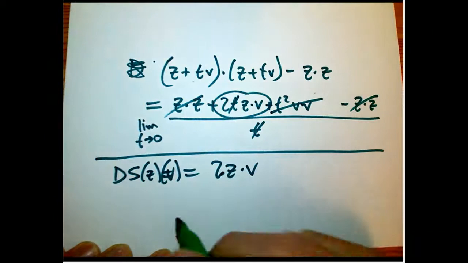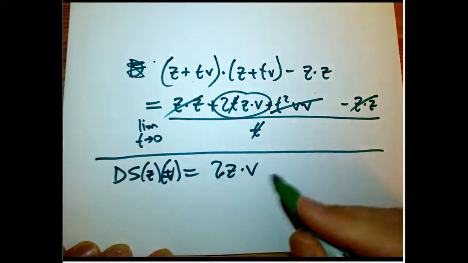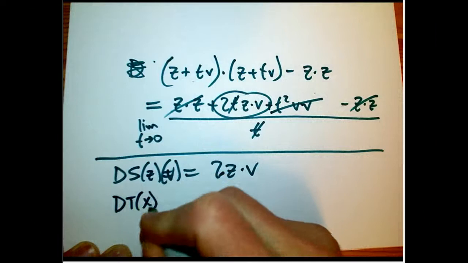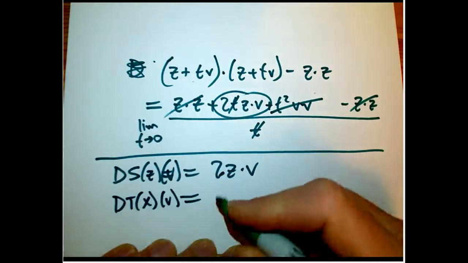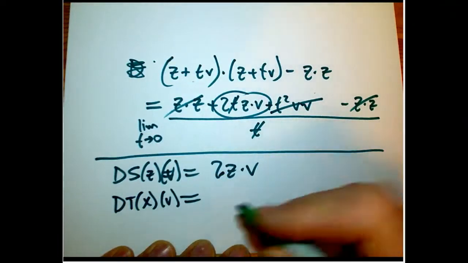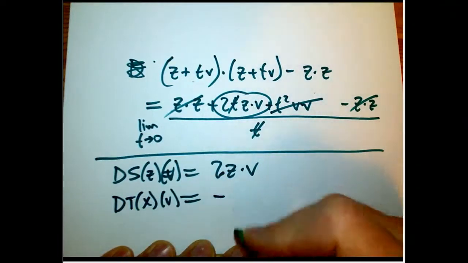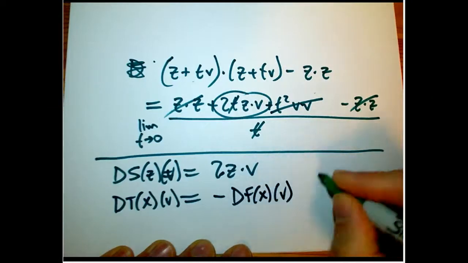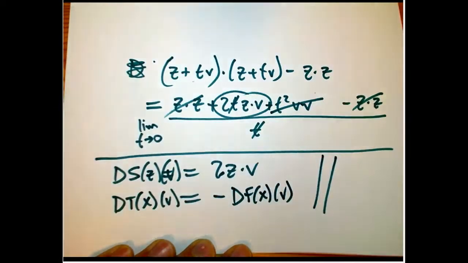Hopefully a somewhat familiar result, because it shows up so much in derivatives and geometric applications of derivatives. Now dt of x applied to v: remember t was just y minus f of x. The y doesn't do anything, and so you just get negative df of x applied to v. So we just need to compose those, and we'll be done.